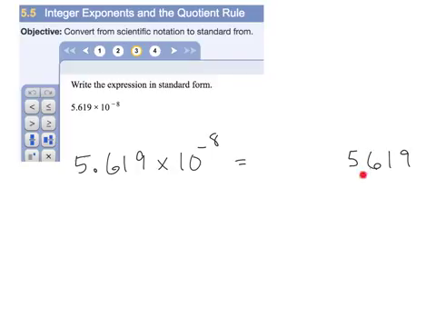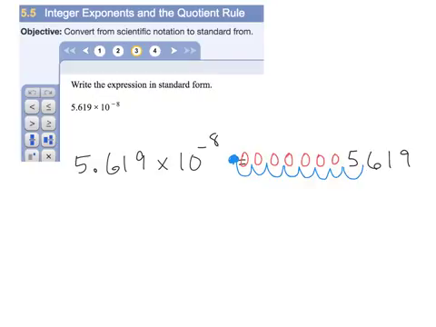And I'm going to move it over to the left 8 spots. So that's 1, 2, 3, 4, 5, 6, 7, 8. Oh, dang, I ran out of room. I crossed over that equal sign. Sorry about that. So we're going to fill in all these little spaces with zeros.